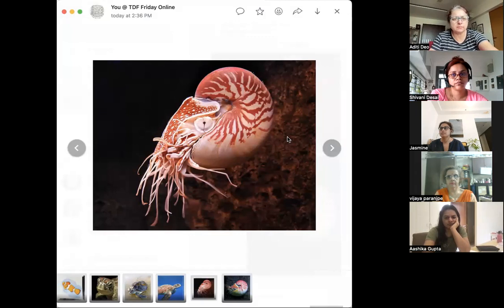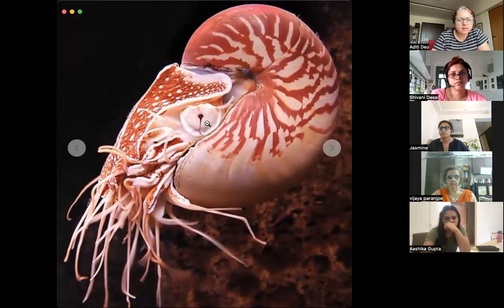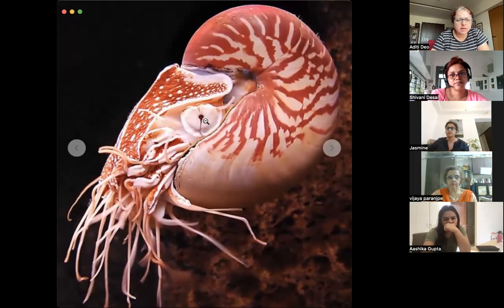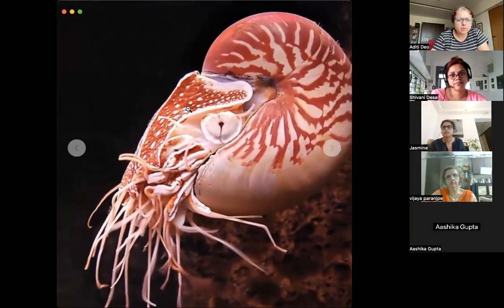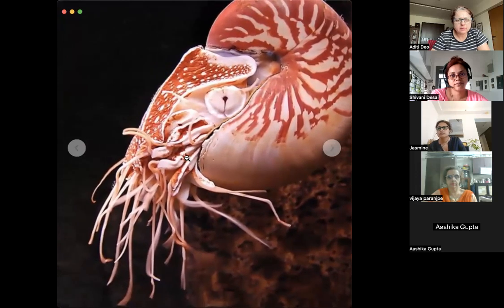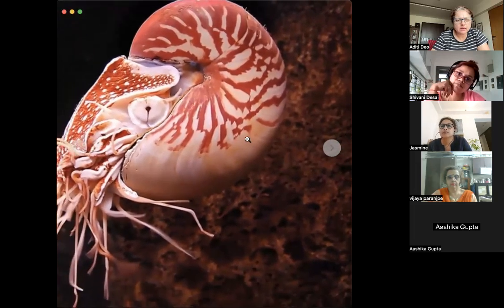So this is if you just remove your eyes from the tentacles. I think the tentacles are its mouth parts or its legs, I have very little idea about this. You have a complicated mouth-like part, and then you have a very simple shell.